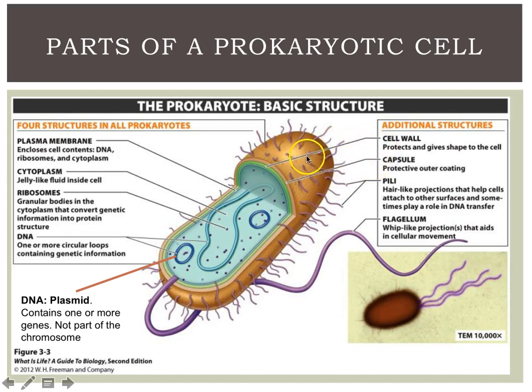The next structure are these little string-like things projecting, and I want you to pay real close attention to this word. These are pili. The thing about pili is people get them confused with cilia. We'll hit cilia when we get into the eukaryotic cell. But for now, pili are just these hair-like projections. They don't wiggle like cilia do. They don't wiggle like flagella do. They're more like Velcro.